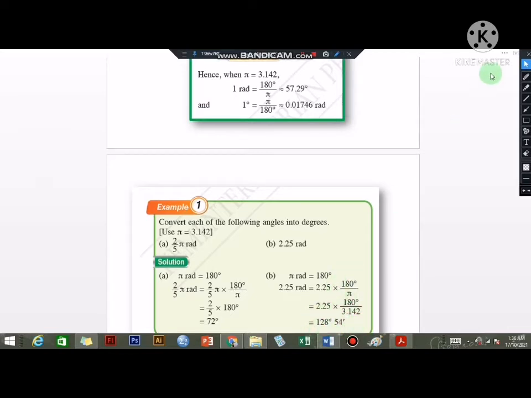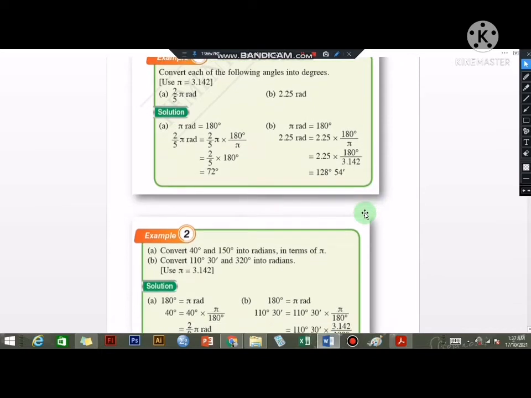It is very easy actually. You just need to remember this one. If the question asks you to convert from radian to degree, you need to use this formula. And if the question asks you to convert from degree to radian, this is the formula that you need to use, which is pi over 180 degree.